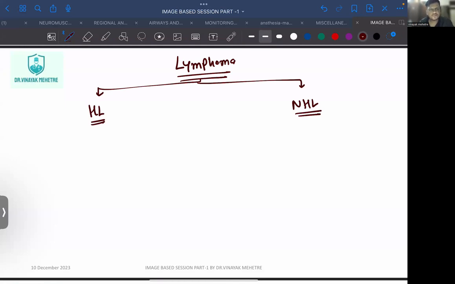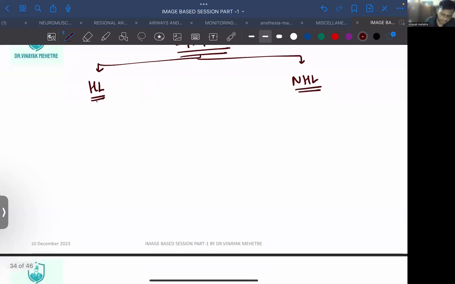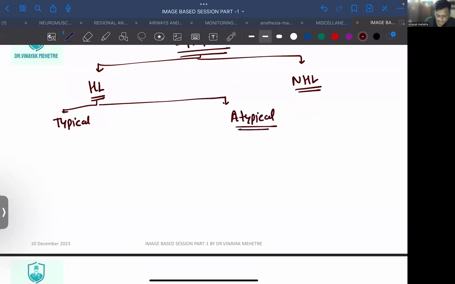Hodgkin lymphoma is divided into which types? Anyone? Typical and atypical. Now how will you remember? Just as I say.